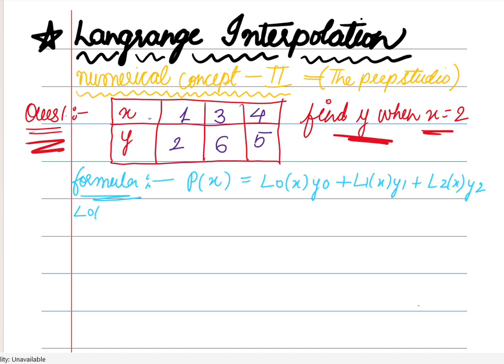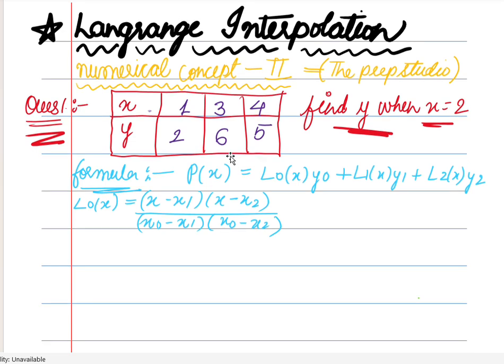L0 of x is given by (x minus x1)(x minus x2) divided by (x0 minus x1)(x0 minus x2), right? बहुत ही easy है.